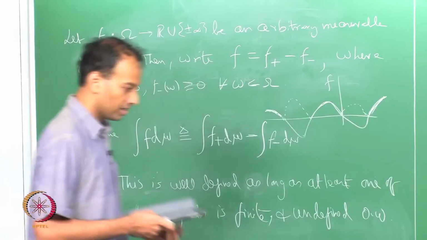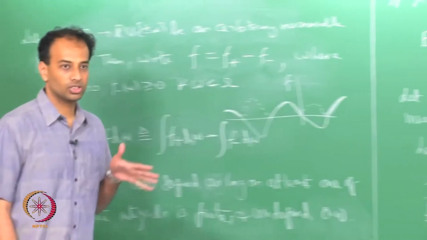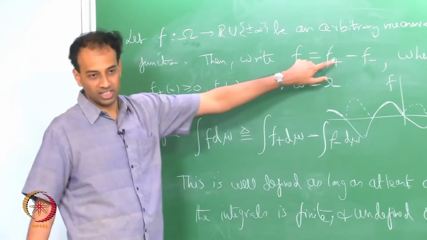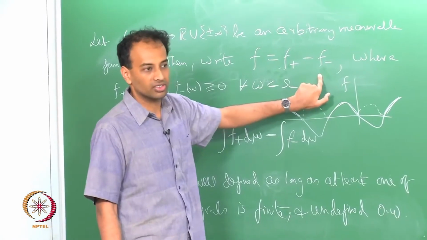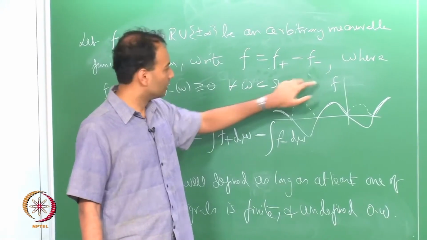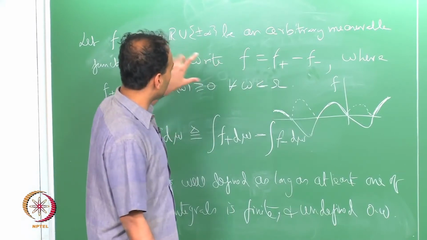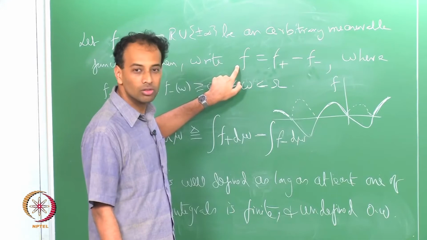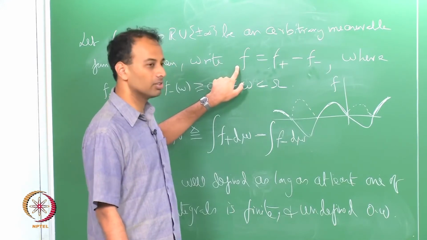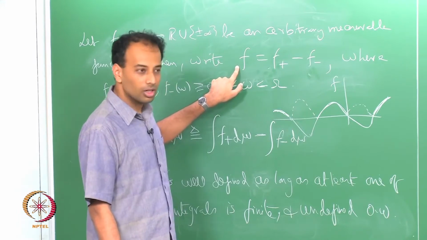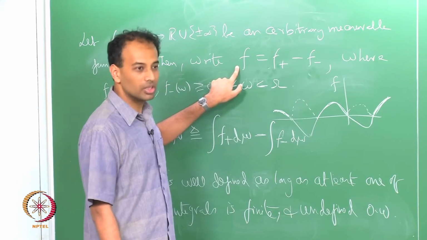So, what I am trying to say is, you resolve your function which takes positive and negative values into f plus minus f minus. Now, f plus and f minus are both non negative measurable functions. If you want to explicitly write, f plus is simply max of f comma 0, and f minus will be minus min of f comma 0.